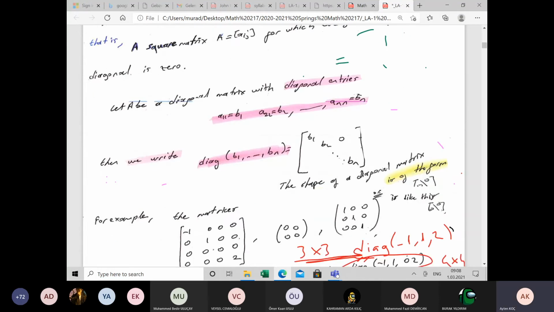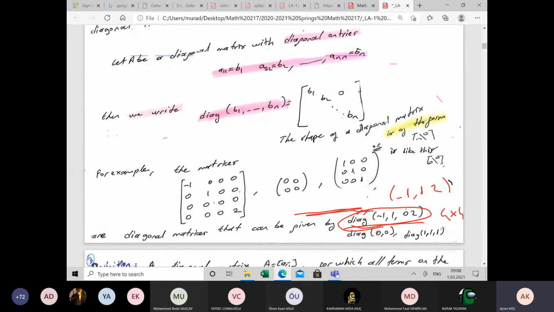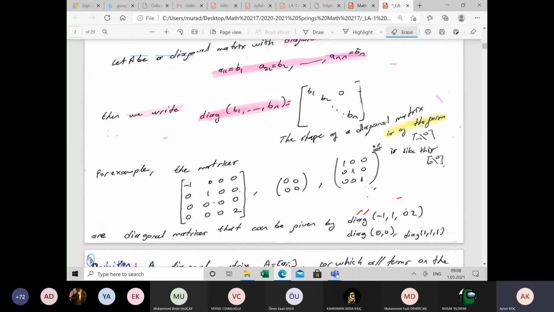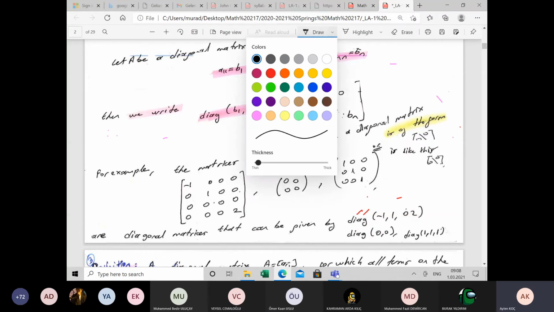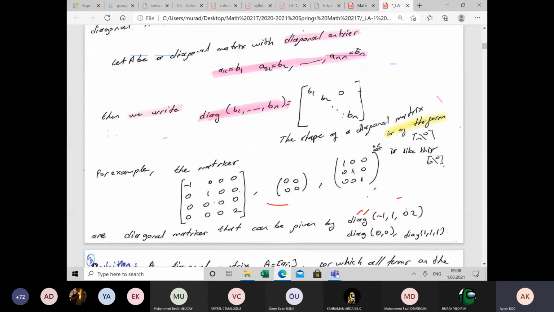Let's come back. Look at the next example. Look at this one, the second one. This one is a matrix. What's the dimension? Dimension 2 by 2, and this one is a square matrix.